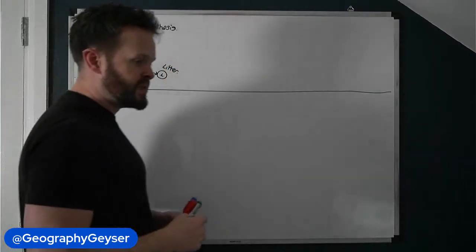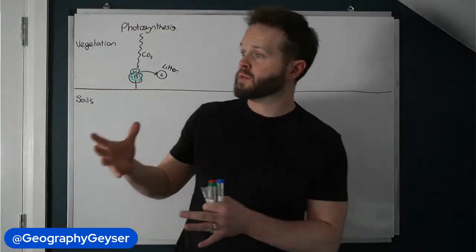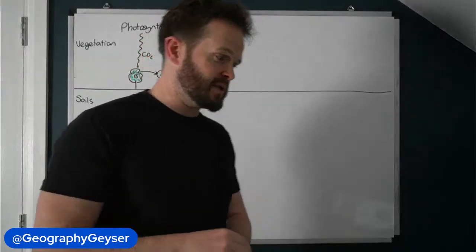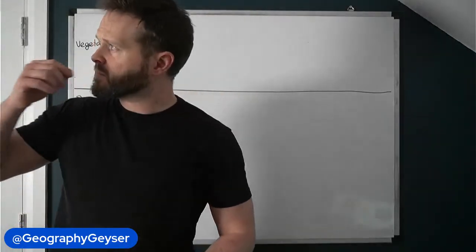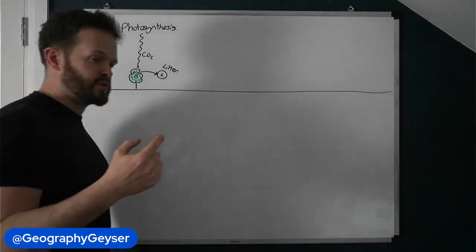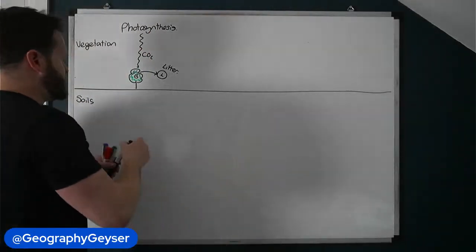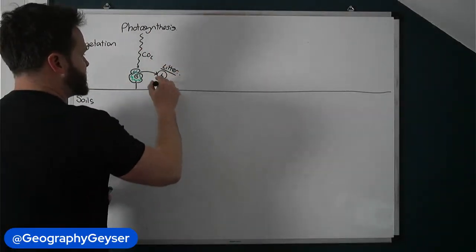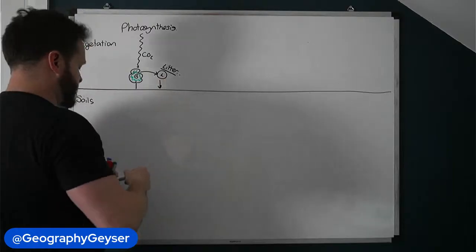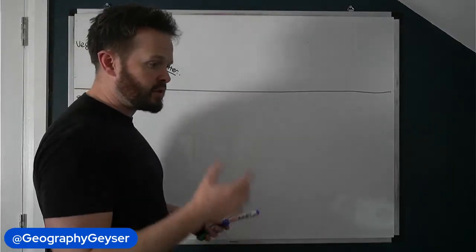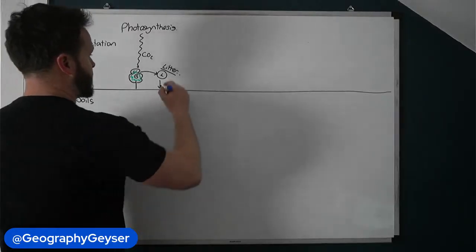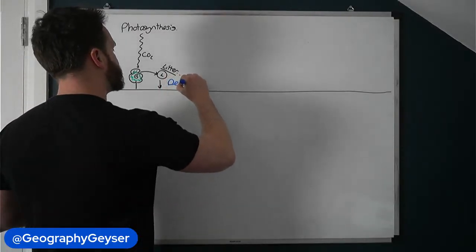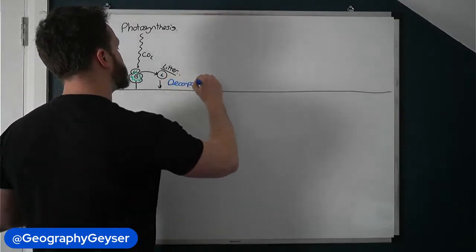Now, this is particularly something that if you're watching in the UK, which I imagine the vast majority of you are, or all one of you that's watching is, this litter can then make its way to the ground, and that's what's happening right now. Winter in the UK, it will produce a lot of leaf litter. And then there's another process that we can talk about that takes place, which is decomposition.